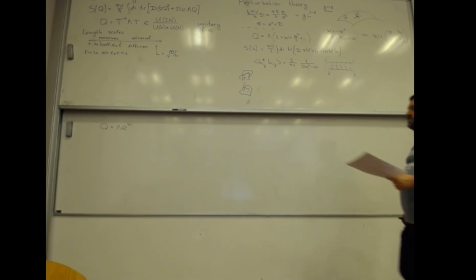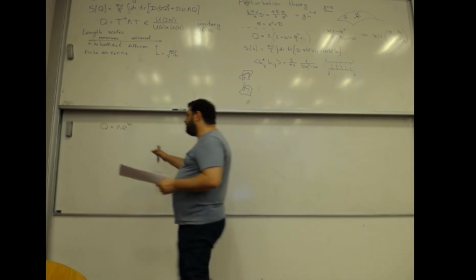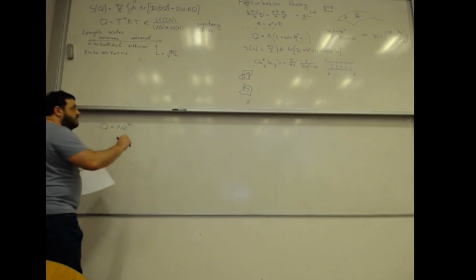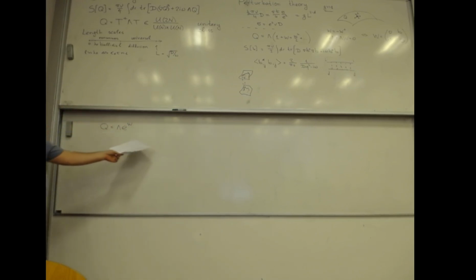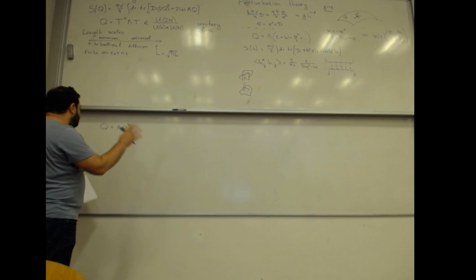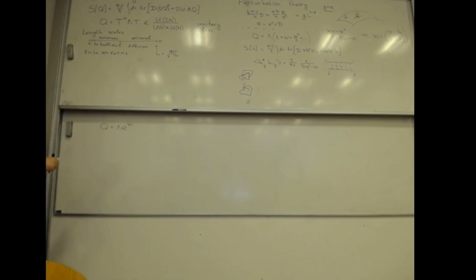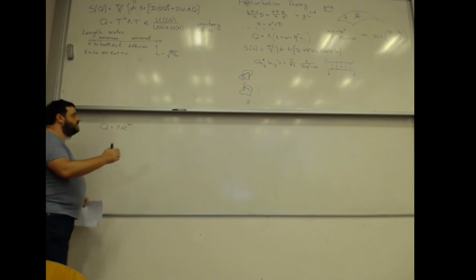And actually, this is only one possibility. There are many possibilities for how you can parameterize this vicinity of lambda on your manifold. Actually, you can parameterize the whole manifold this way, but still there are many alternative ways to do this parameterization. And the exponential function is only one possibility.